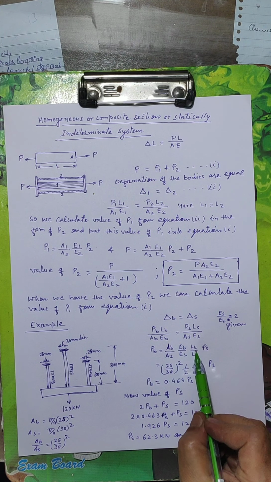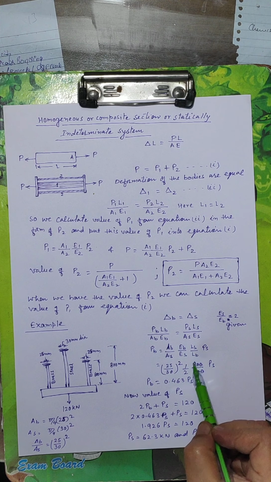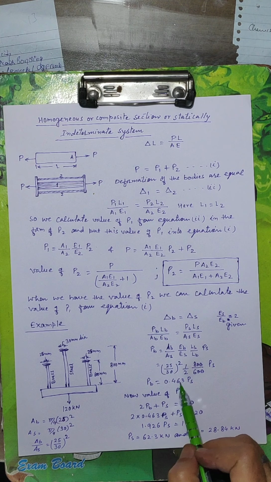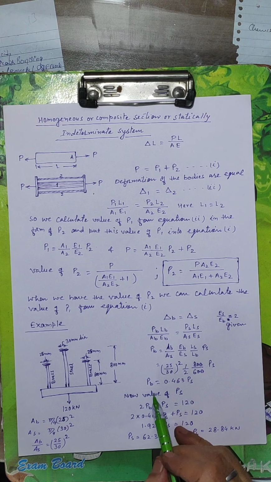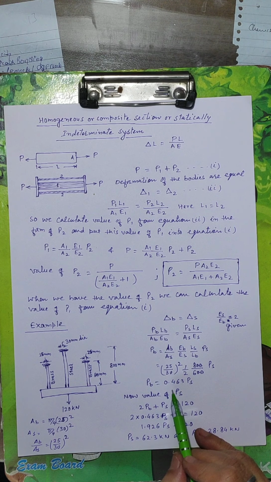Here length is different, so we take this LS upon LB. The final value we get is that the load in brass is equal to the load shared by steel multiplied by 0.463.